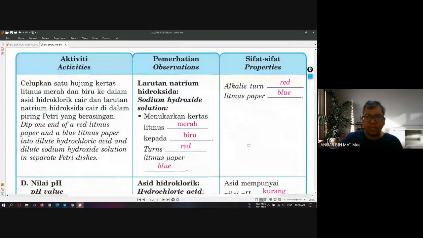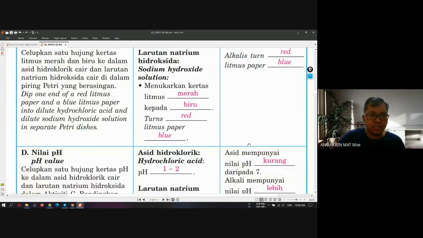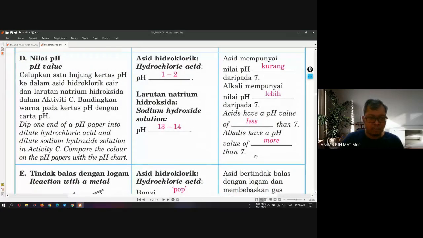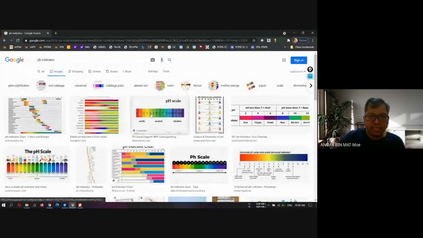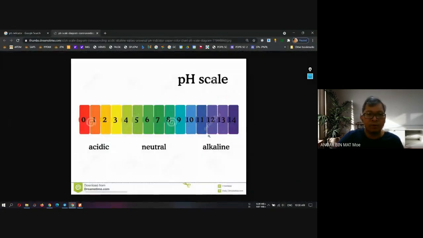The next property is D, the pH value. You must remember the pH value. I will open the image for you.